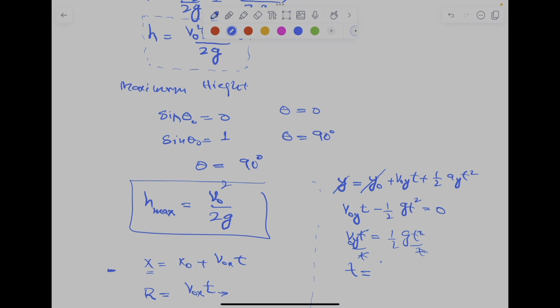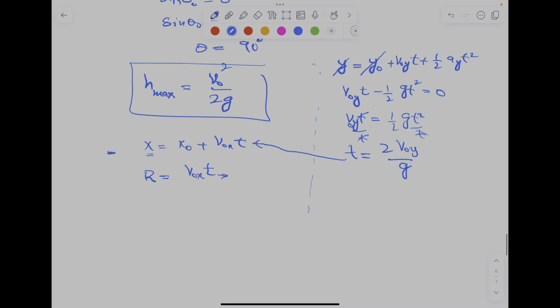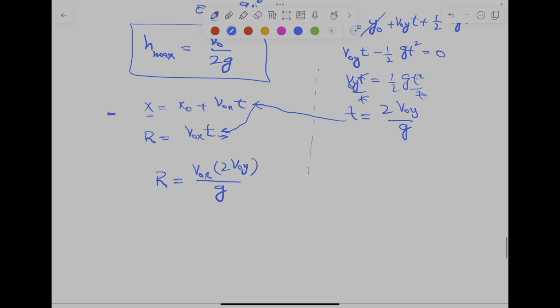t, which is nothing but 2 v naught y divided by g. So we substitute this t over here, and we get our range, which is v naught x times 2 v naught y over g. For v naught x we have v naught cos theta naught, and for v naught y we have v naught sin theta naught, divided by g.